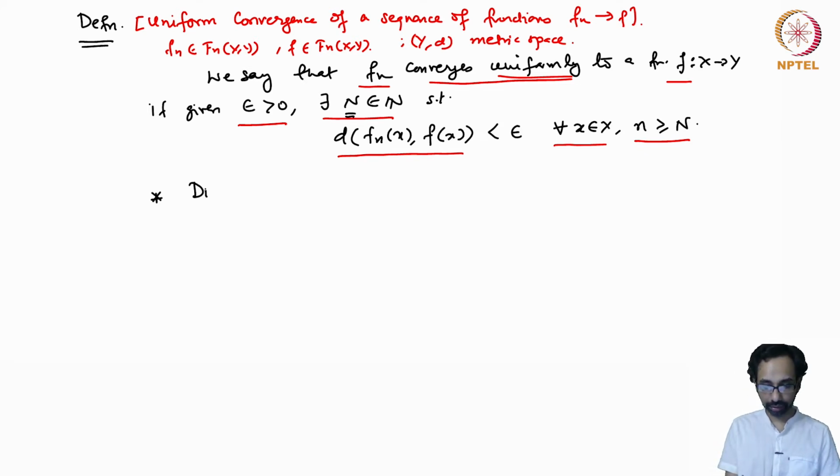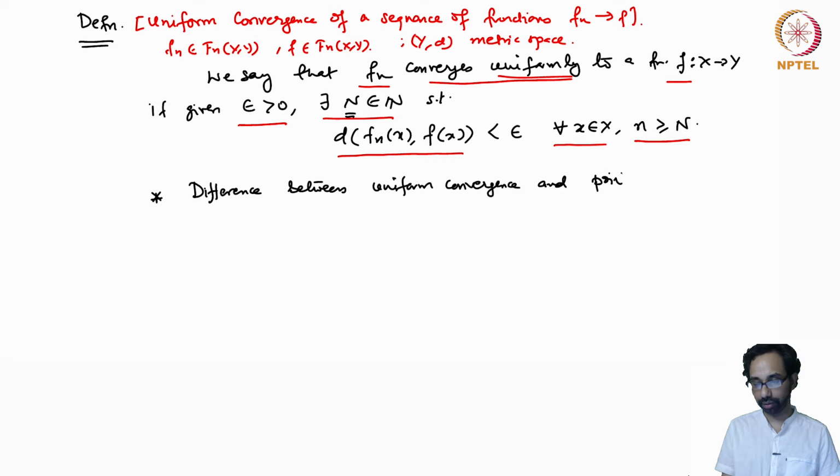Now the difference between uniform convergence and what is called pointwise convergence. This just says that f_n(x) converges to f(x) for all x.